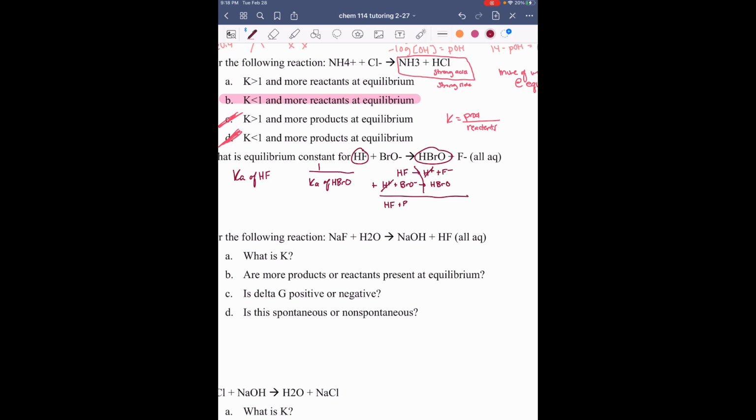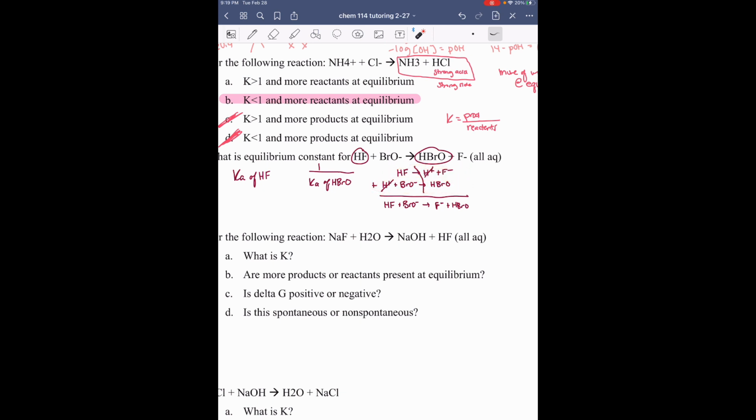HF plus BrO- yields F- plus HBrO. This is normal Ka. This is 1 over Ka, because here it's acid to ions and here it's ions to acid.